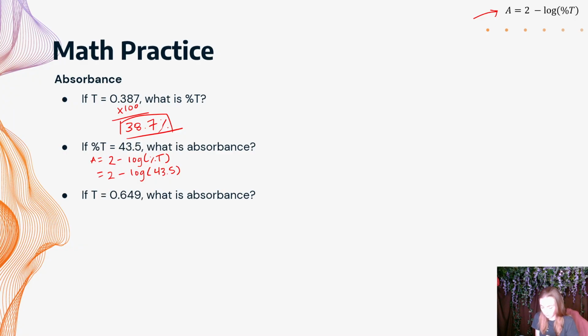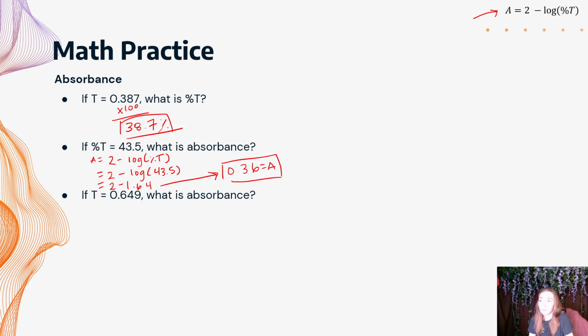Log base 10 of 43.5 is roughly 1.64, so 2 minus 1.64 is roughly 0.36, which equals your absorbance.